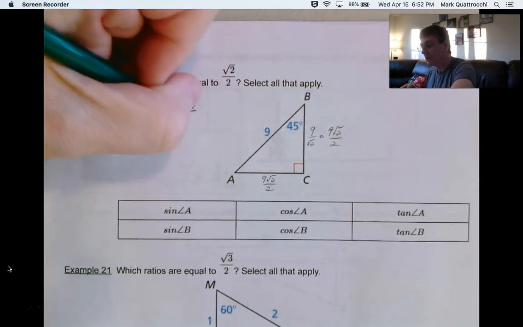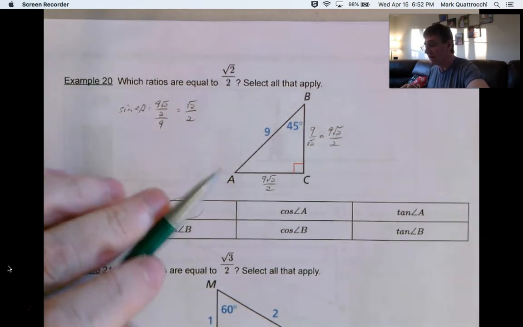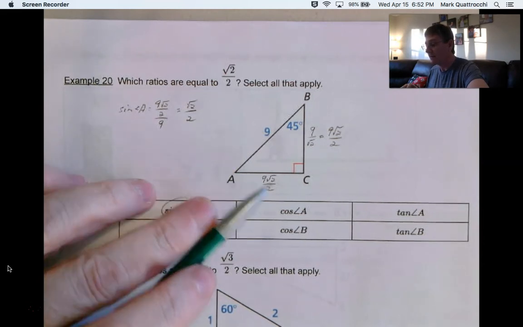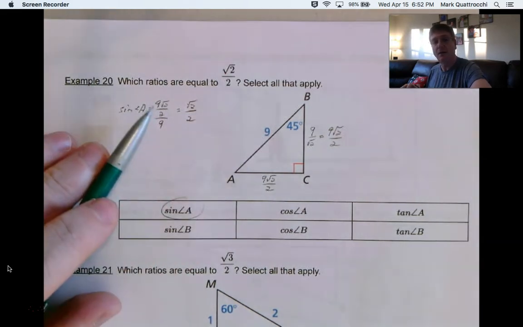Square root 2 over 2. There's one of them. Okay. Cosine of angle A: 9 square root 2 over 2 over 9. Again.